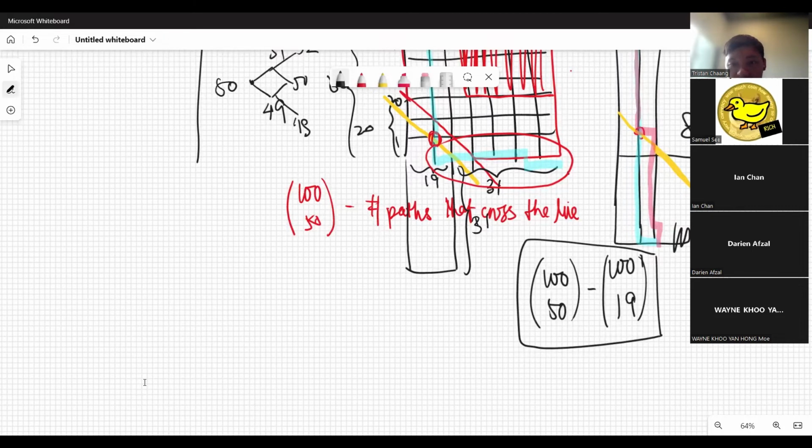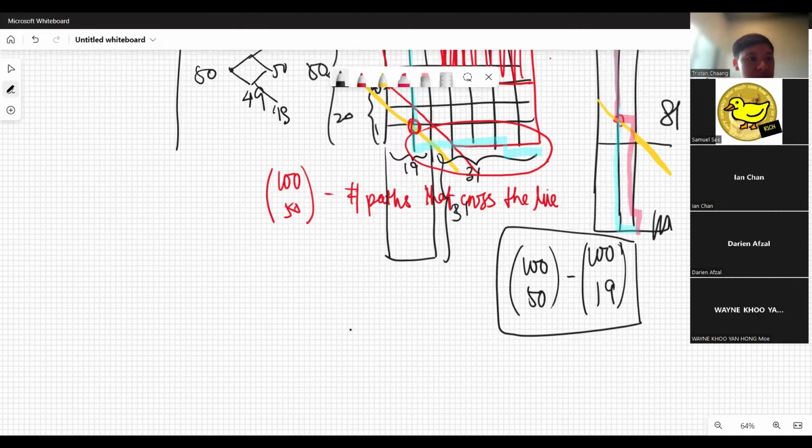So the next section is about what I like to call PIE. So the principle of inclusion and exclusion, or the inclusion-exclusion principle. So before we do that, let's just restart the whiteboard.